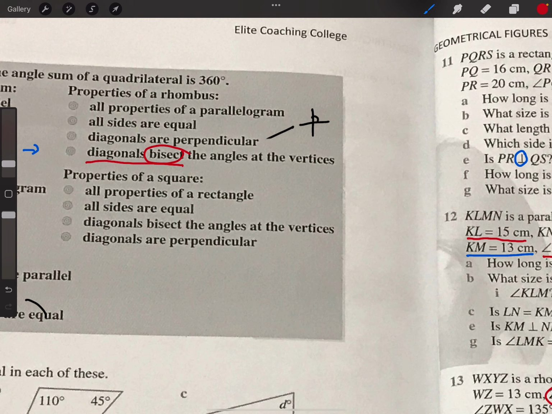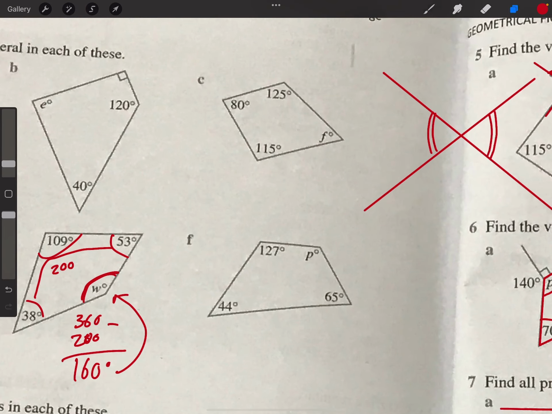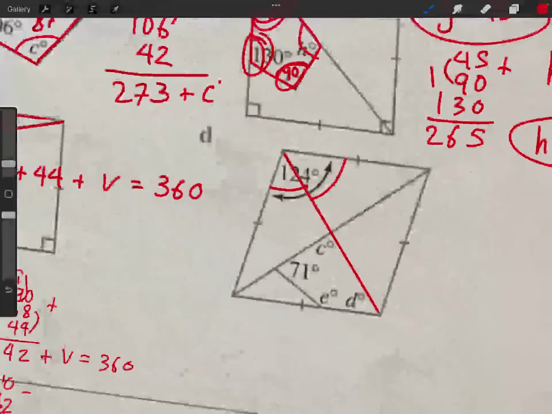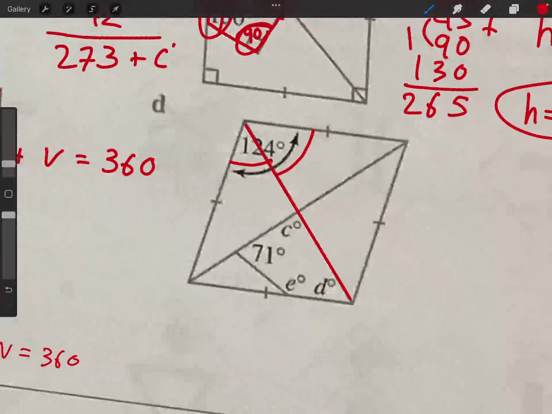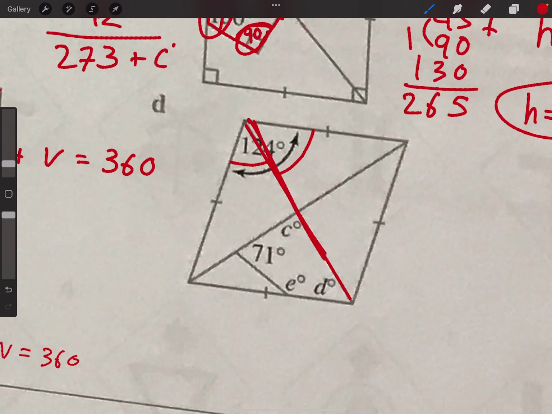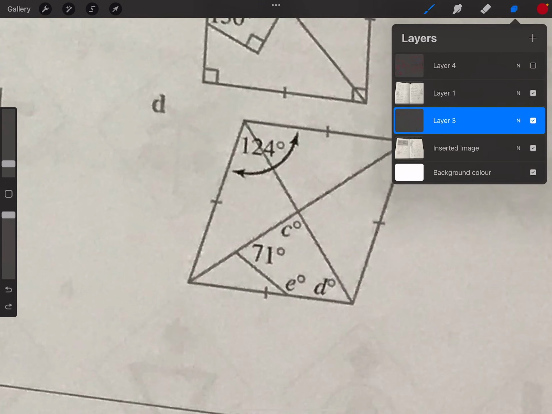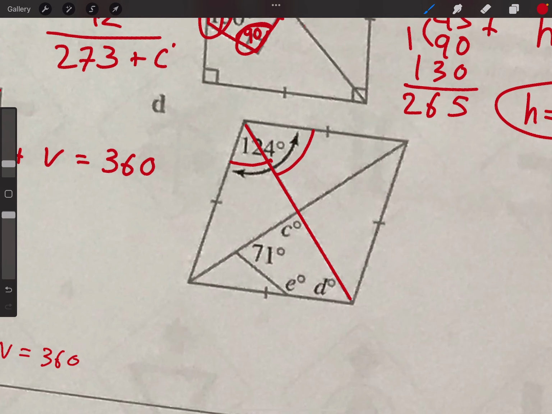Bisect means cut in half. The angles at the vertices. See? So, if you go back to the question, this diagonal is going to cut this angle in half. Alright, so let's go back here. Let me do it over that one.